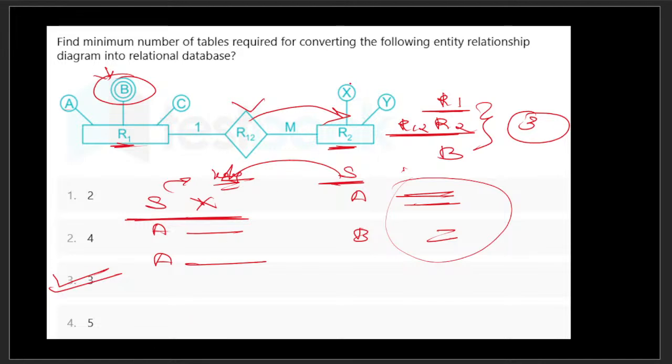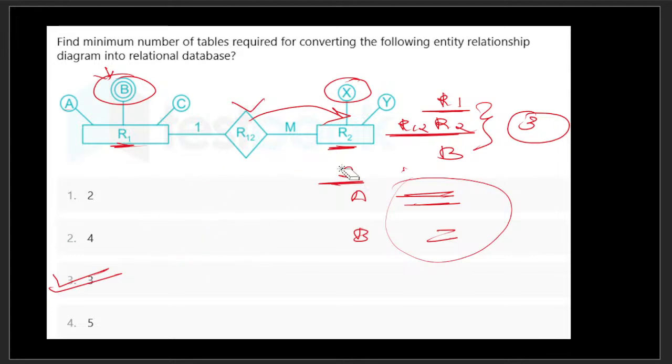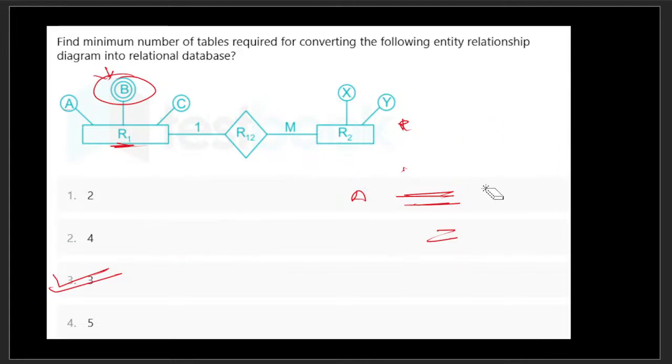Now X is also a multi-valued attribute, so two multi-valued attributes are there. Can you all answer now? I have just modified it, because the options are also provided. B is also there and X is also there. Can you all answer how many tables are required for this question?